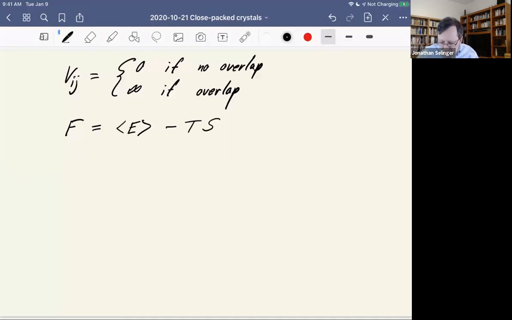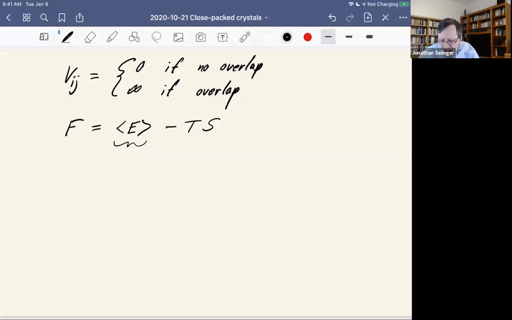In this system, the average energy is averaged over all the possible states that can exist, okay? So the states that can exist are only states with no overlap, because if there were any overlap, that would be forbidden, right? That would cost infinite energy, and so it couldn't happen.